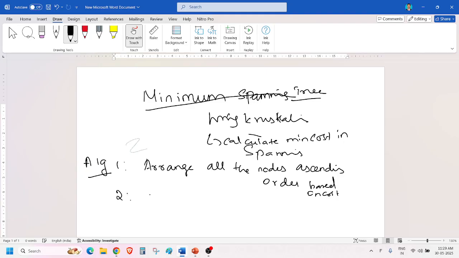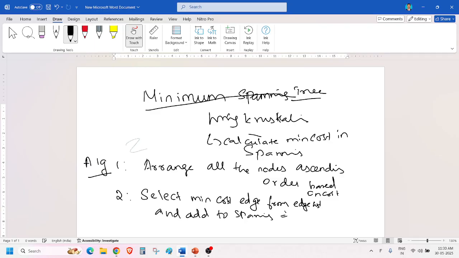Next step, you are going to select the minimum cost edge from the edge list, and afterwards you are going to add it into the spanning tree.